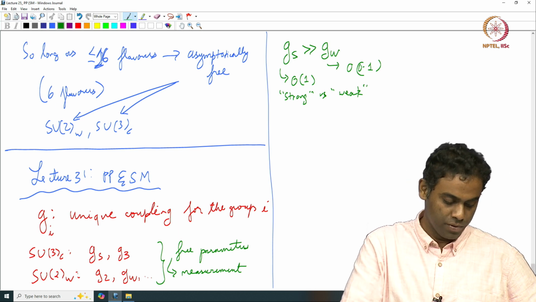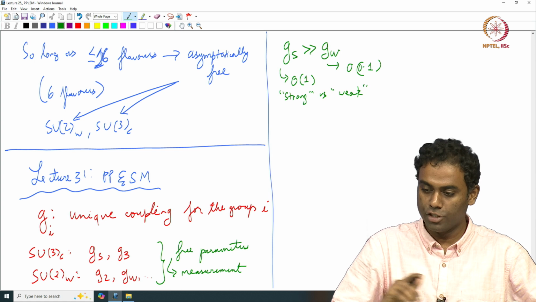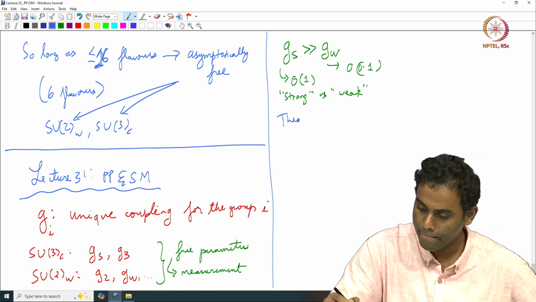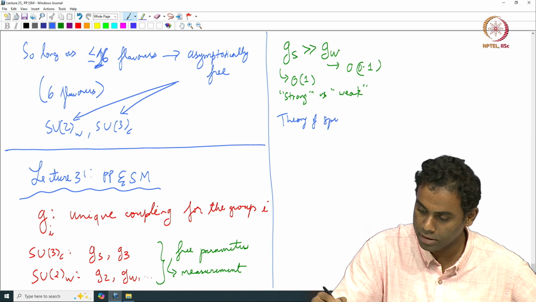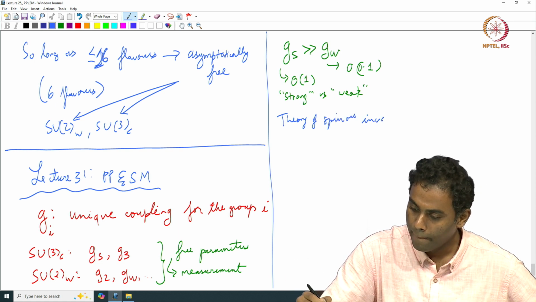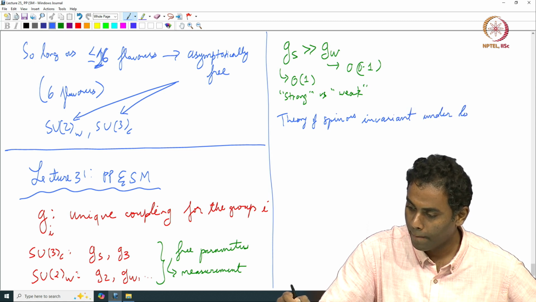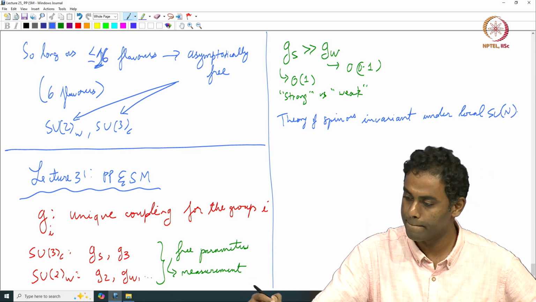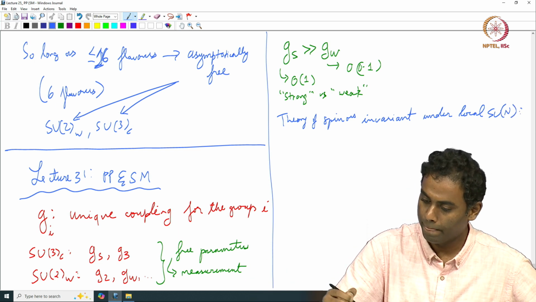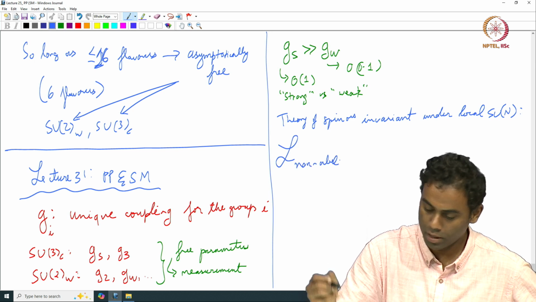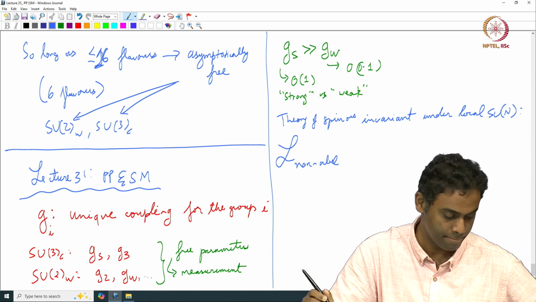Now we are ready to write down a generic Lagrangian. I'm going to call it a theory of spinors, invariant under a local SU(N). Okay, how would that look like? Because it's non-abelian, let me just put it that way.